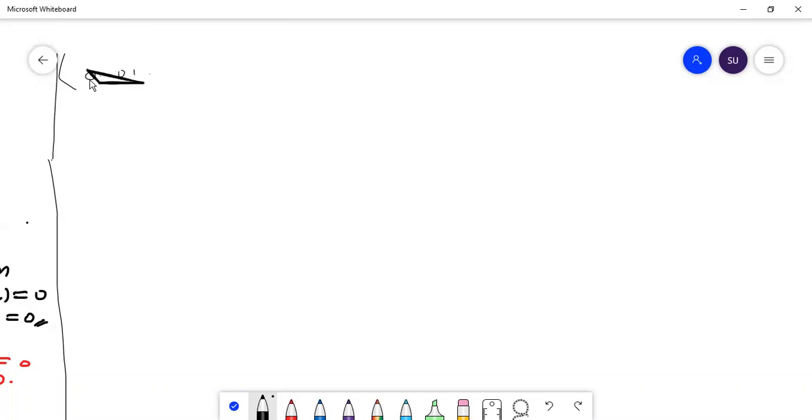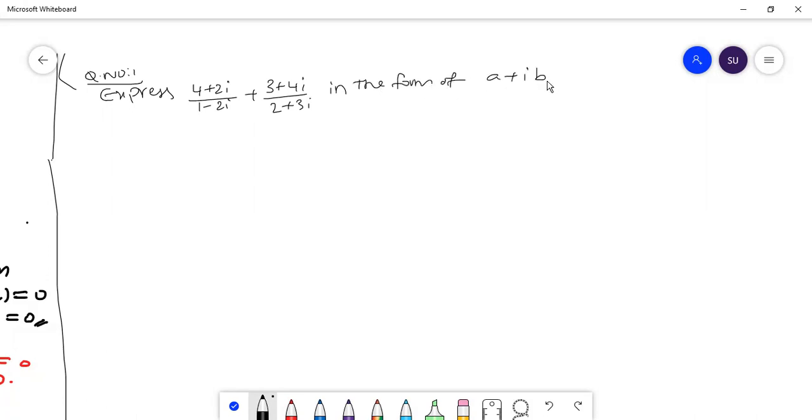Express (4 plus 2i) divided by (1 minus 2i) plus (3 plus 4i) divided by (2 plus 3i) in the form of a plus ib.